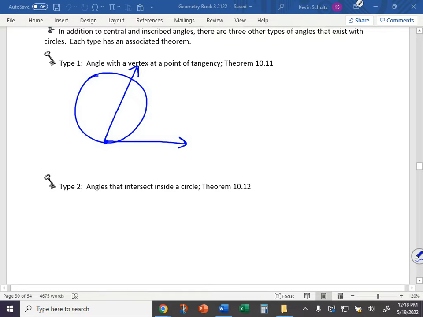And what that creates here is two angles, angle 1 and angle 2. It also creates a couple arcs. We'll call this point P. We'll call this point A, and we will need a third point on the outside of the circle here, point B.